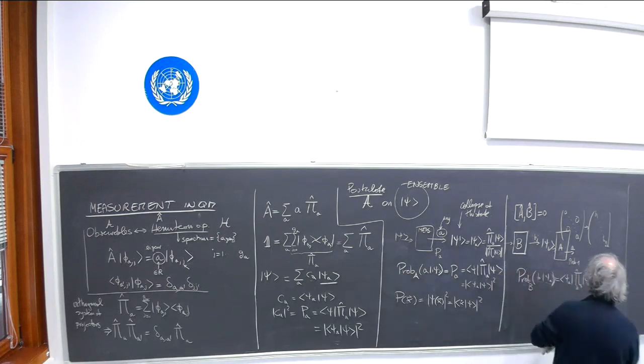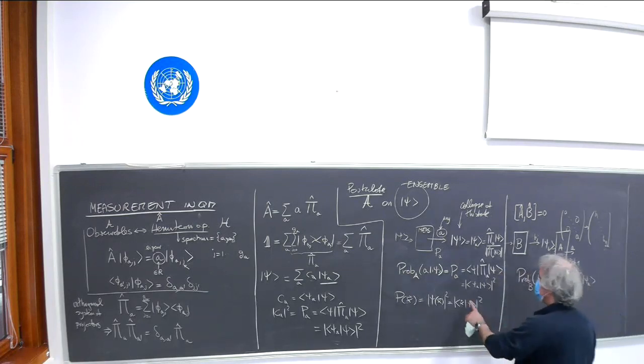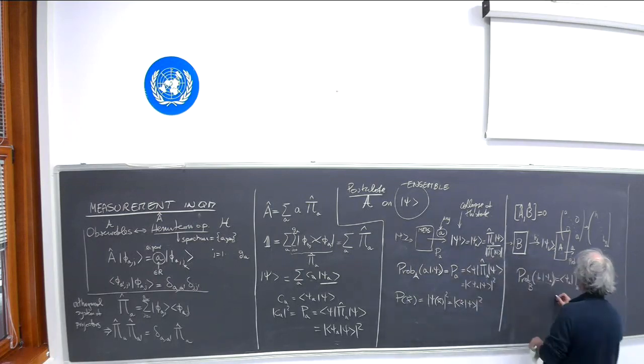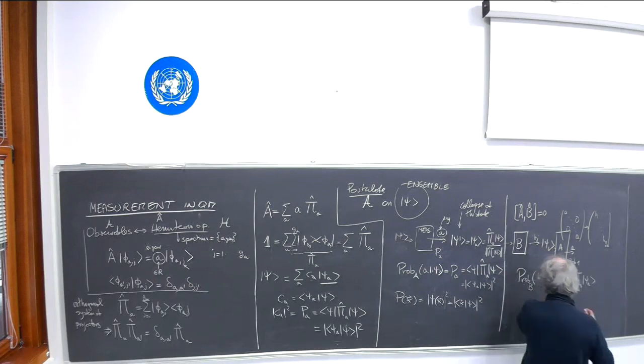Obviously, these are projected already. Okay, let's do the algebra. Here I have psi, projector A, divided by psi, projector A, psi.